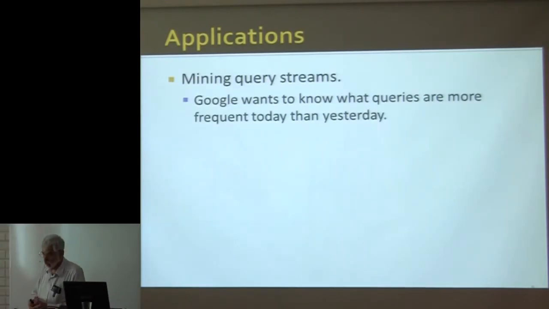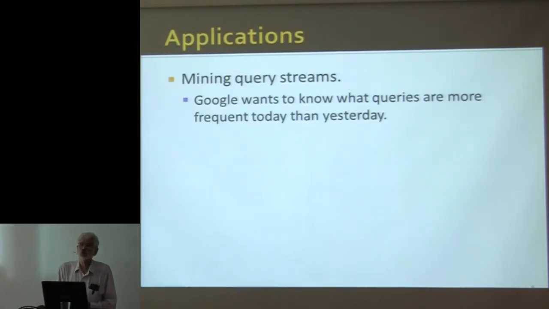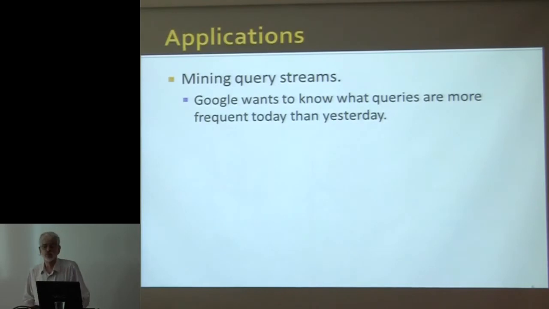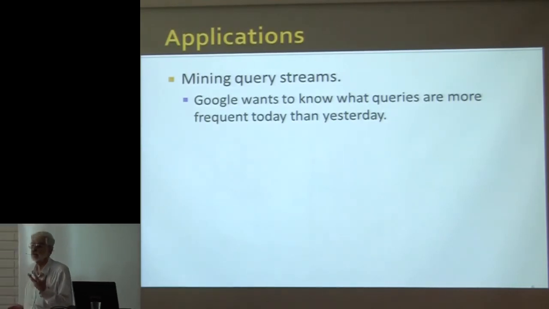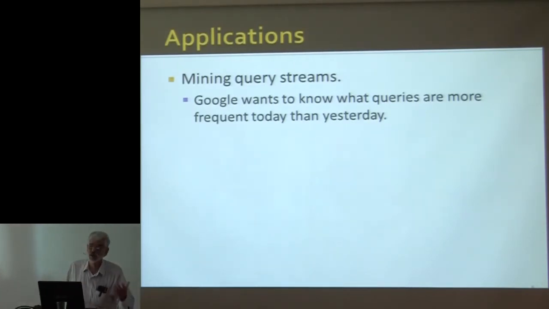Again, there are lots of applications of this. For example, a search engine like Google might want to know about trends, what queries are appearing more frequently today than yesterday.